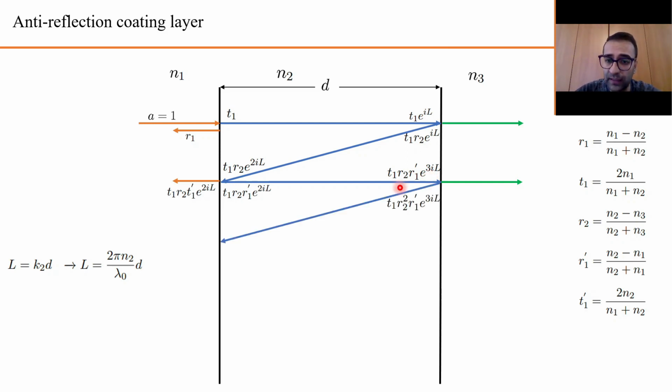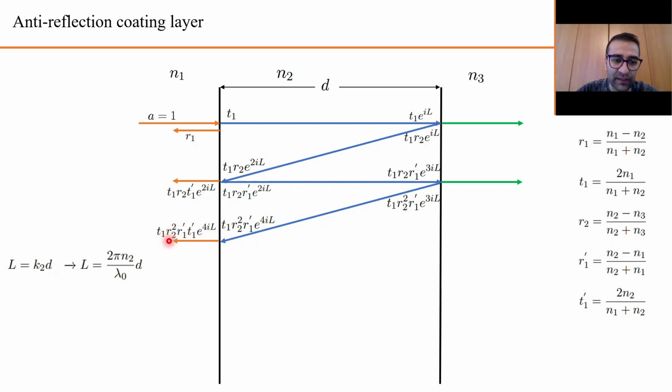What will be the reflected wave? It will be T1 R2 squared, because another R2 adds from this interface, R'1 exponential of 3iL, this phase added for traveling of this distance. And some part again will be transmitted, and we need to multiply this amplitude with another T'1, right?